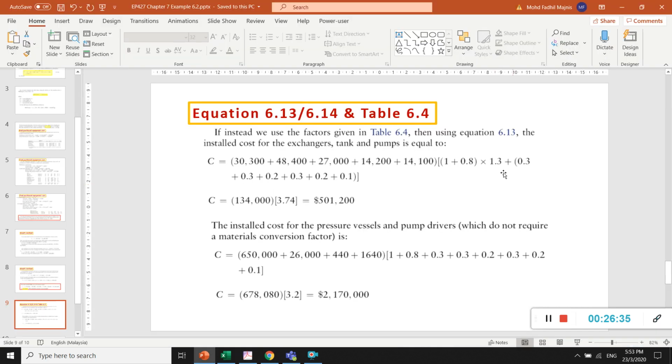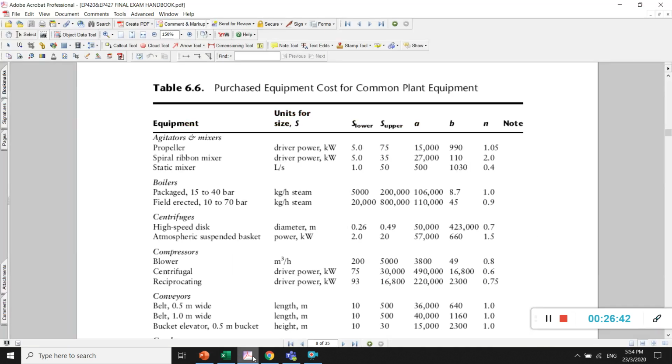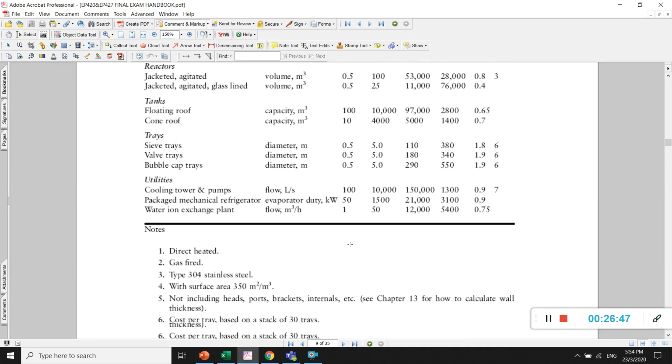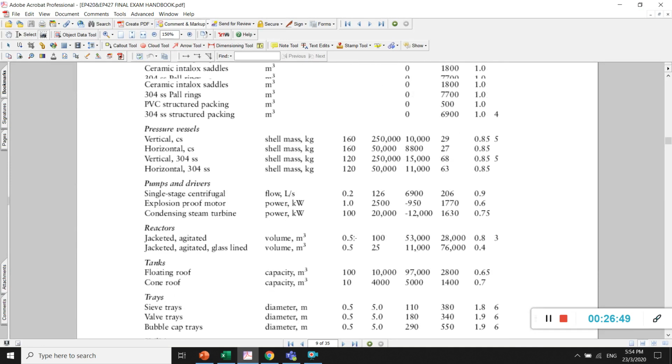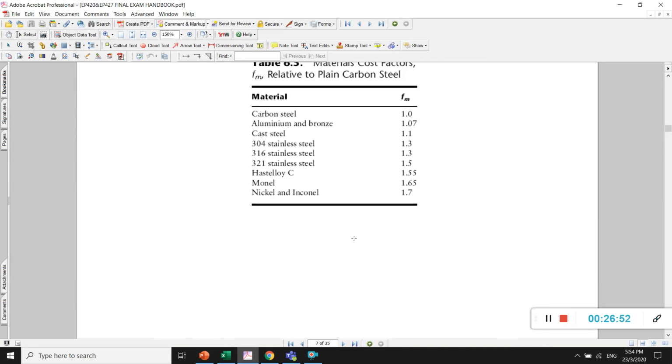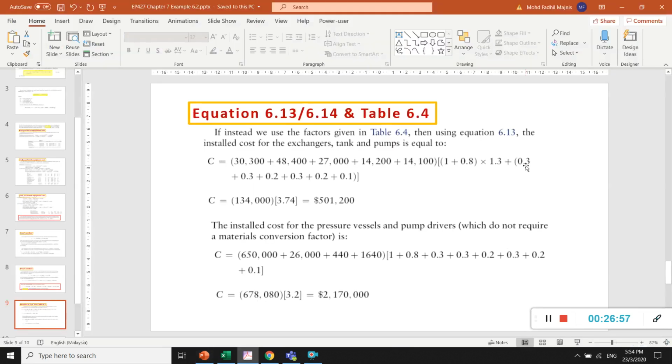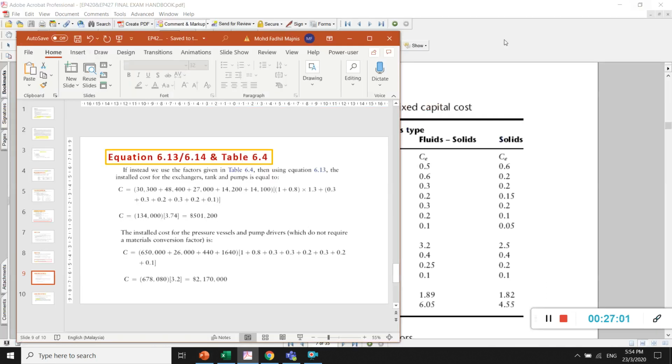So this 0.8 and then 0.3, 0.3, 0.2, 0.3, 0.2, 0.1, we get it from this table. Where's the table? Okay, we're using this table. So now 0.3 is 0.3, 0.2. So we are referring to this table.